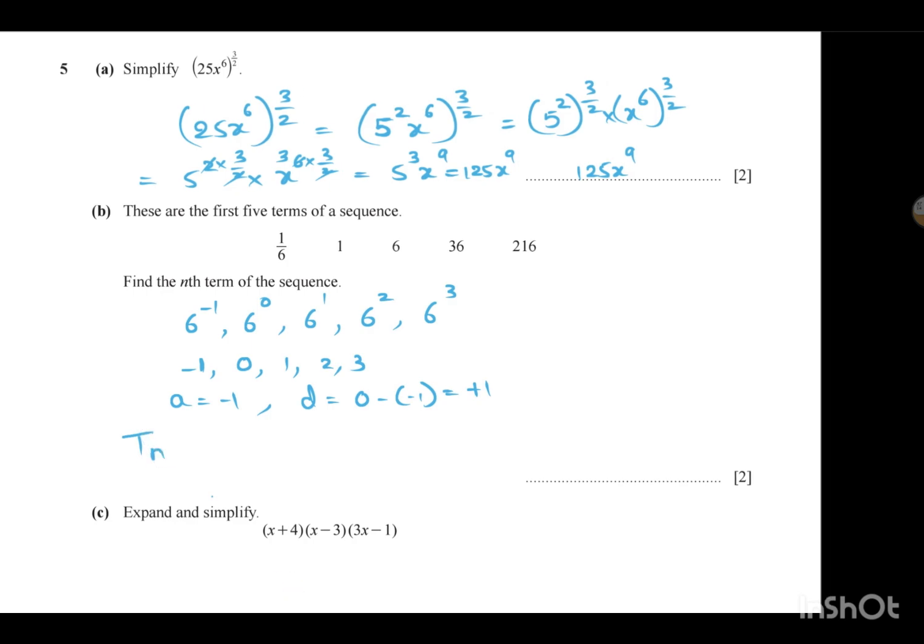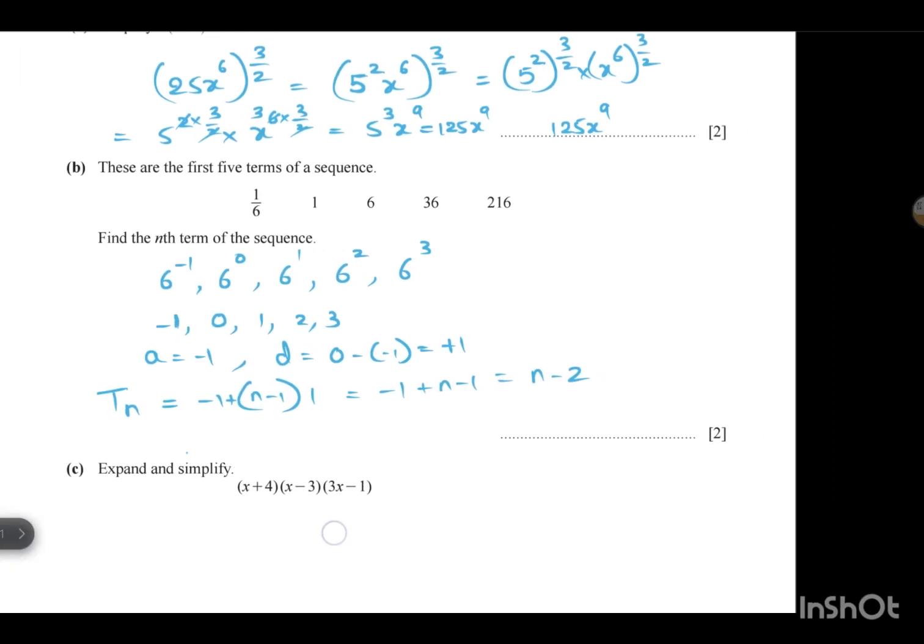So nth term will be nth term of the powers. Now let me find out the nth term of the powers using a plus n minus 1 into d rule. Here a is minus 1 and d is 1. So this will be minus 1 plus n minus 1, that is n minus 2.